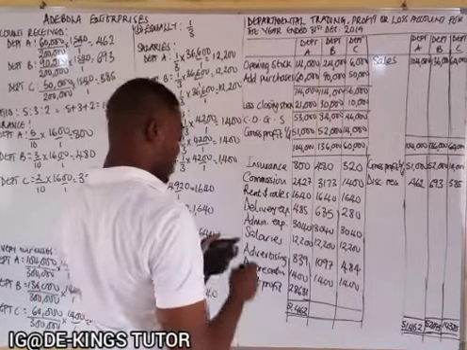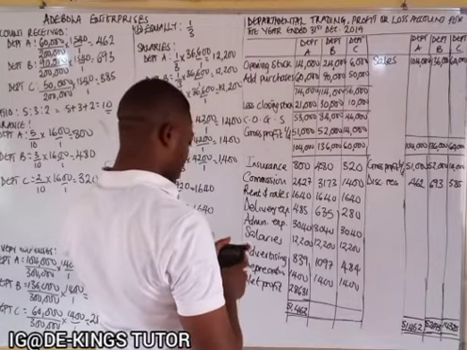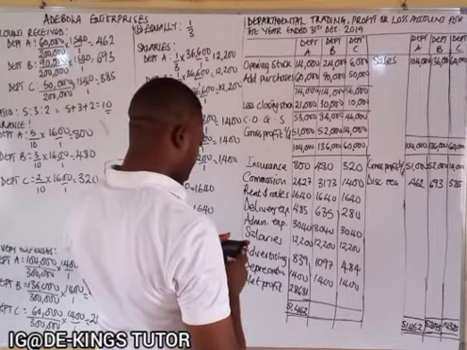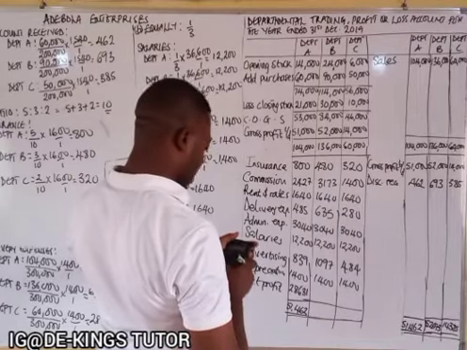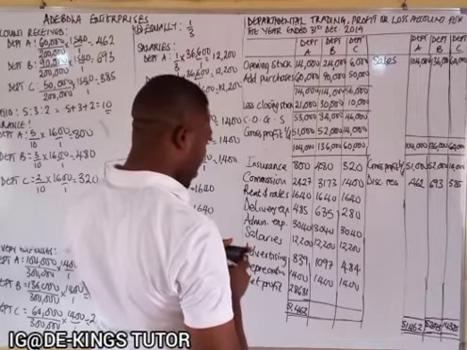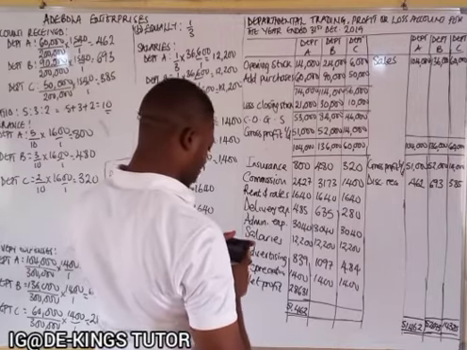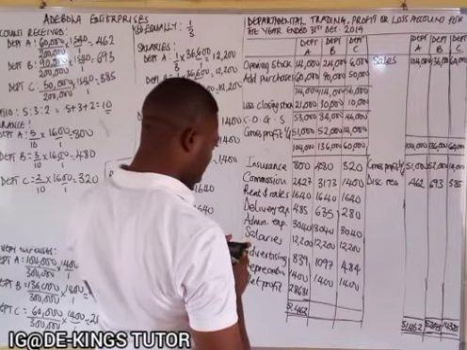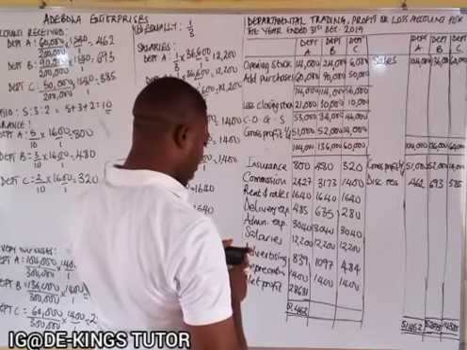The next one is Department B. We'll have 480 plus 3173 plus 1640 plus 635 plus 3040 plus 12,200 plus 1097 plus 14.